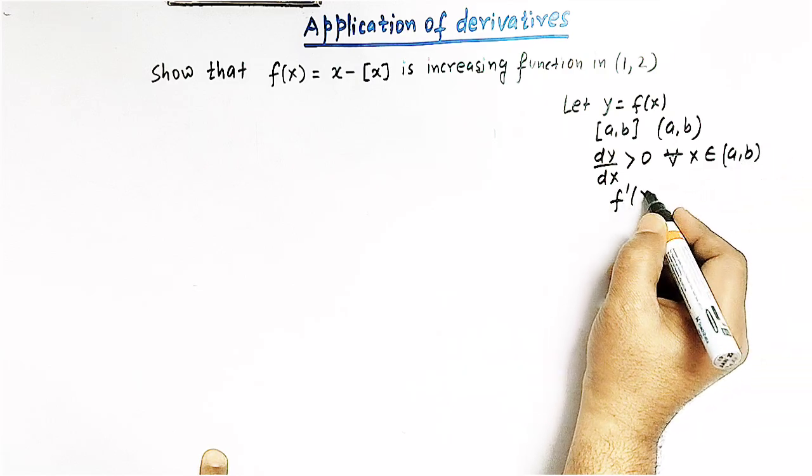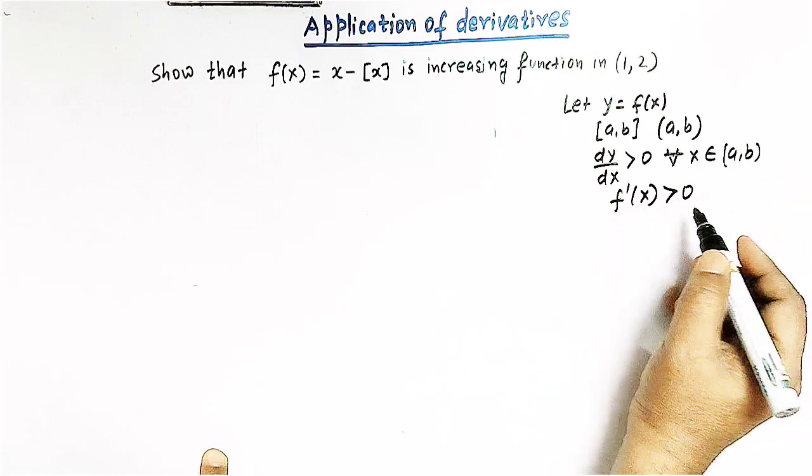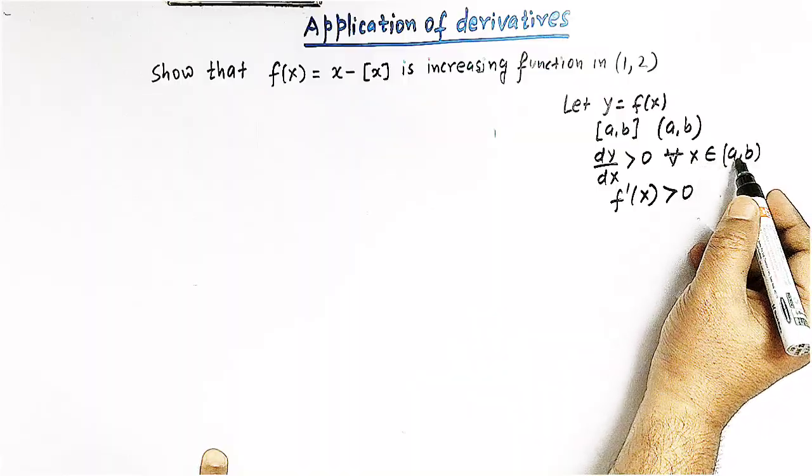That is f prime of x is greater than 0 for all x belonging to a comma b.